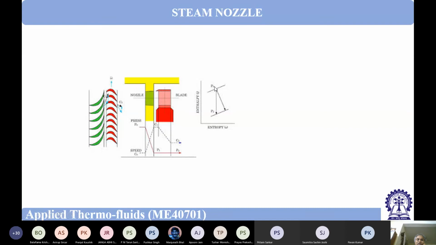Though the pressure is reducing from P1 to P2, the entropy is not remaining constant, entropy is increasing. Entropy increasing means there is less change in enthalpy. And obviously that is reflected by some finite value of the nozzle efficiency.